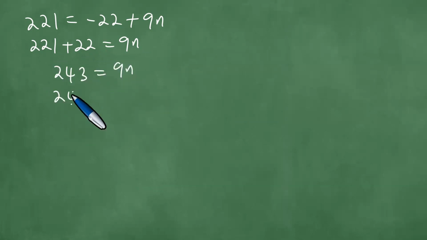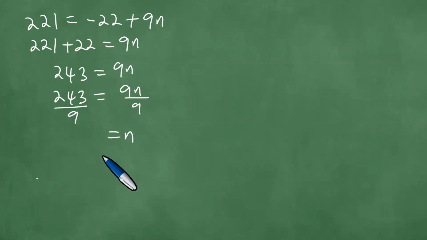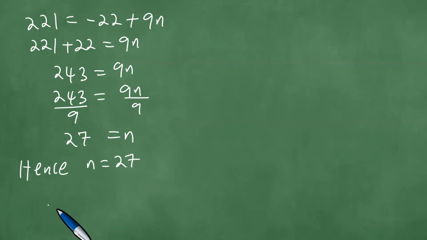Now we have 243 equals 9n. Dividing by 9 on both sides, 243 divided by 9 is 27. Hence, n is 27. The question was, determine the number of terms.